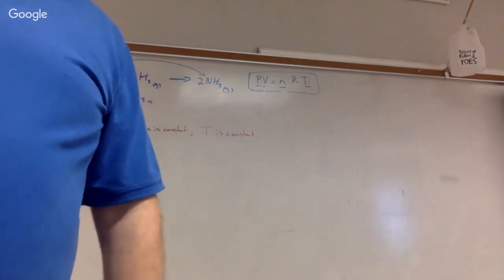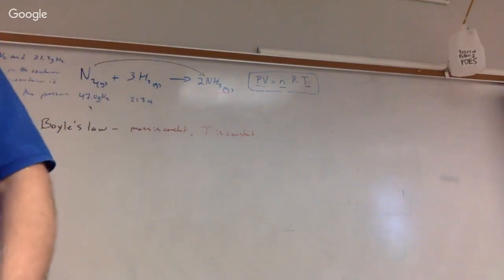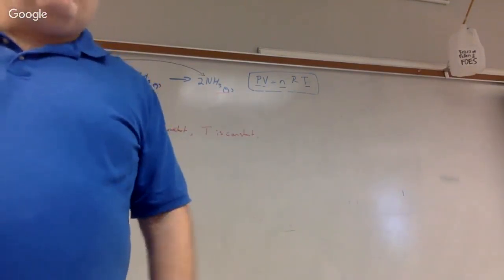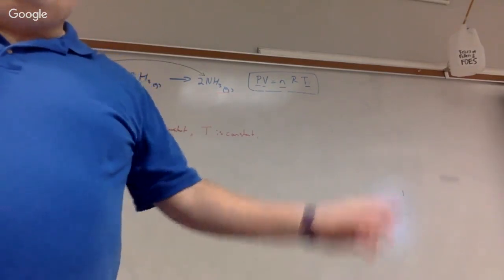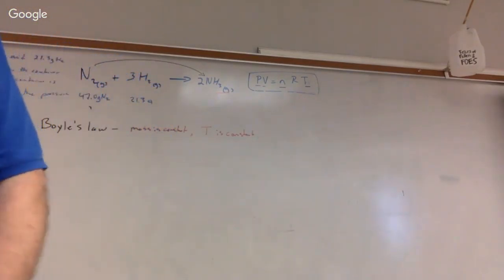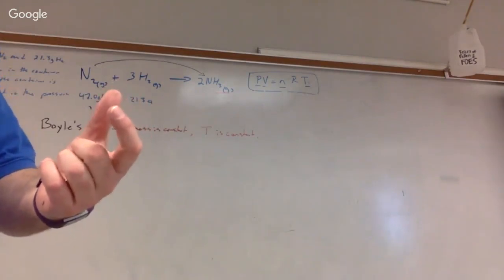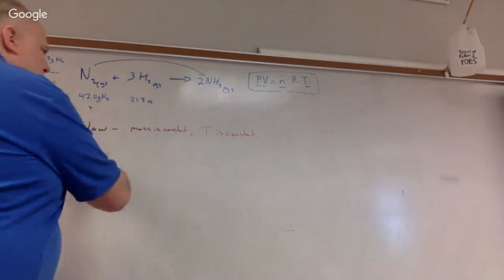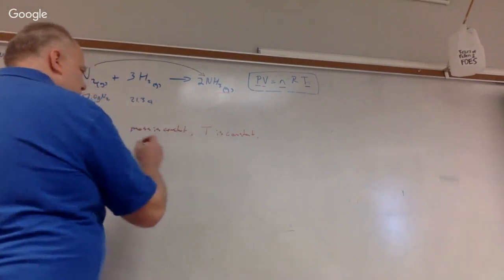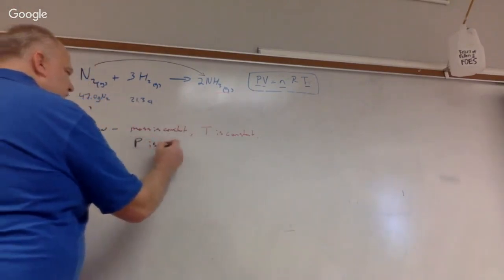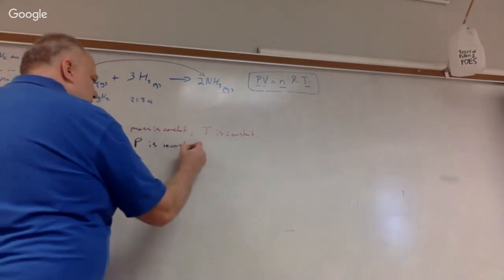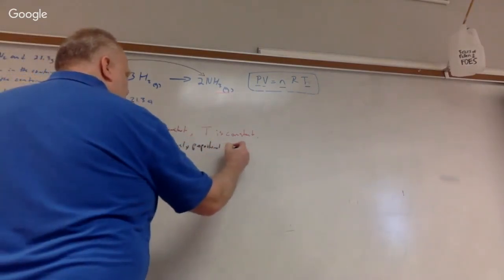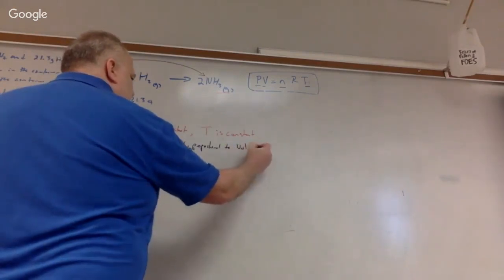Instead of having to memorize that pressure and volume are inversely proportional, you can look up at the pivot equation, and aren't pressure and volume next to each other? So couldn't I then make the statement for Boyle's law: the mass is constant, the temperature is constant, and pressure is inversely proportional to volume.